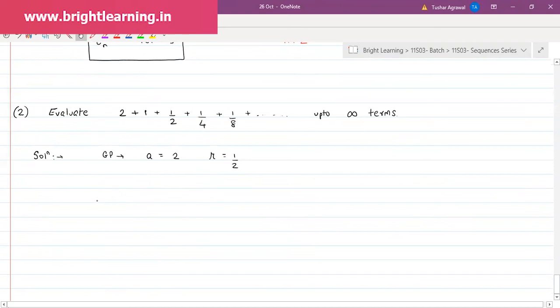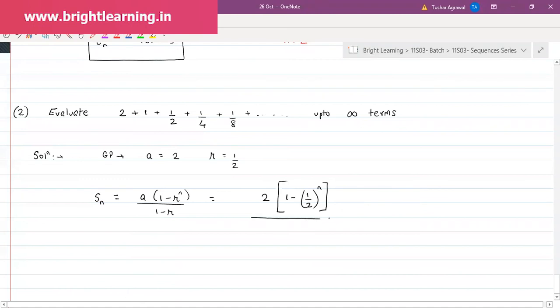So, Sn, sum of n terms is what? A times, now here I will use 1 minus r raised to n upon 1 minus r to avoid the negative denominator. So this will be something like 2 times 1 minus half to the power n upon 1 minus half.